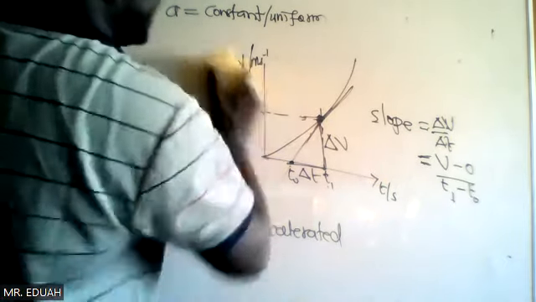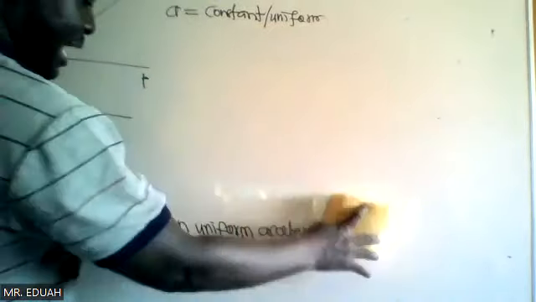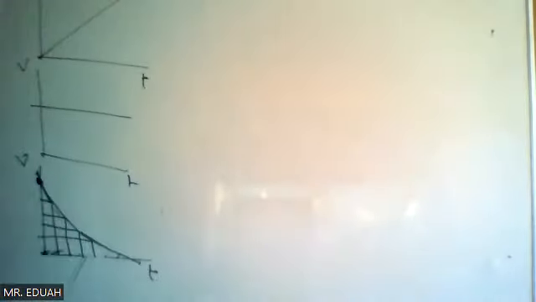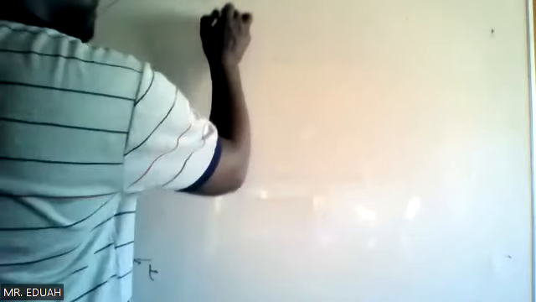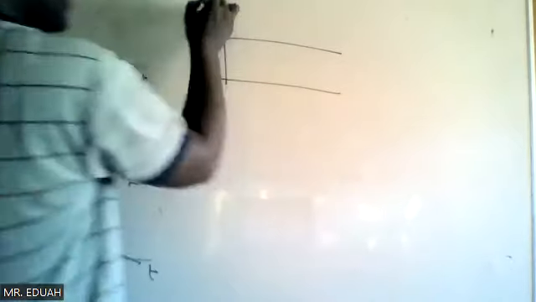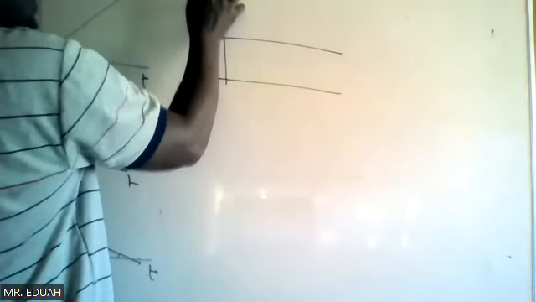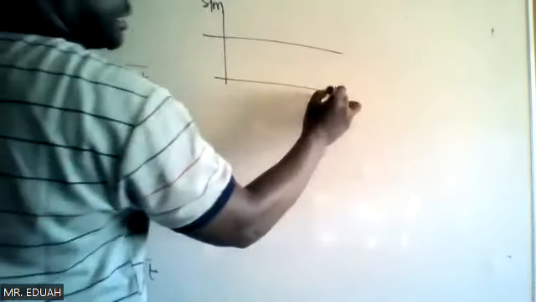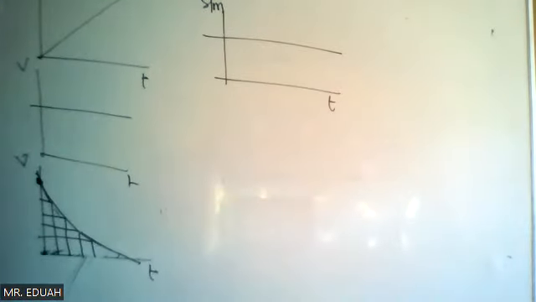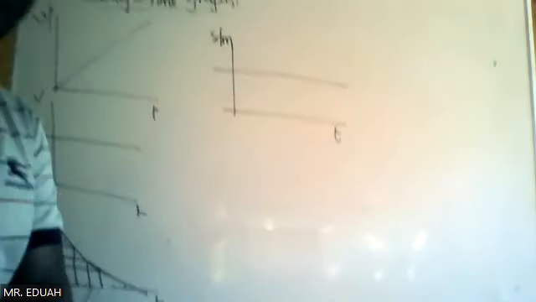I want one of the ladies. It can be Della, Paulette, and the rest of you. Juliana, and all the ladies in the building, answer this for me. I have two graphs. This is a displacement time graph, and the graph is like this.